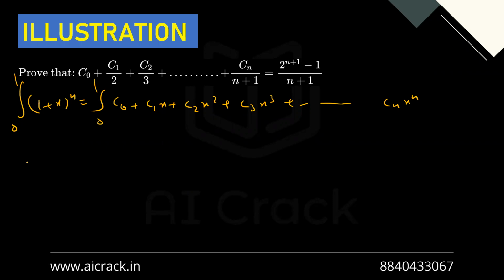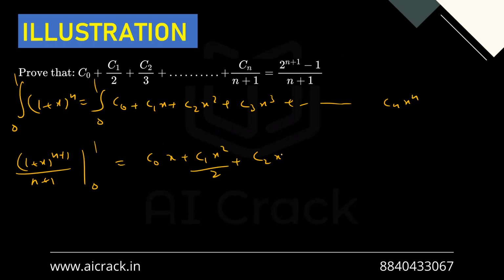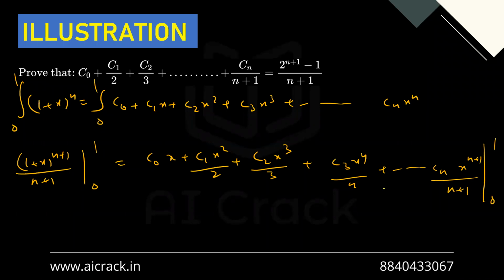So I'll be getting over here 1 plus x raised power n plus 1 divided by n plus 1, limits from 0 to 1, equals c0x plus c1x square by 2 plus c2x cube by 3 plus c3x raised power 4 by 4 till cnx raised power n plus 1 divided by n plus 1, and limits go from 0 to 1.